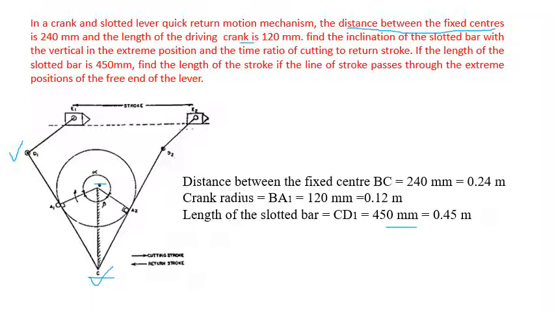We need to find the inclination, that is this angle, 90 minus beta by 2. Then the stroke length we need to find, that is E1 to E2.